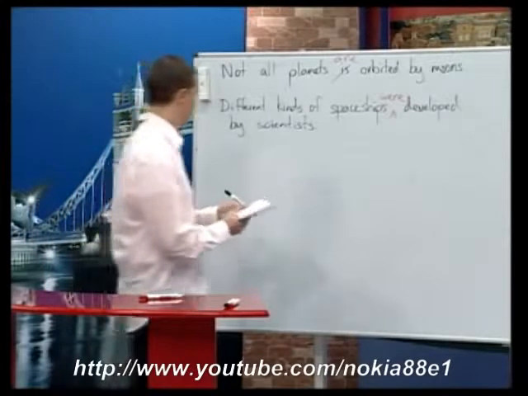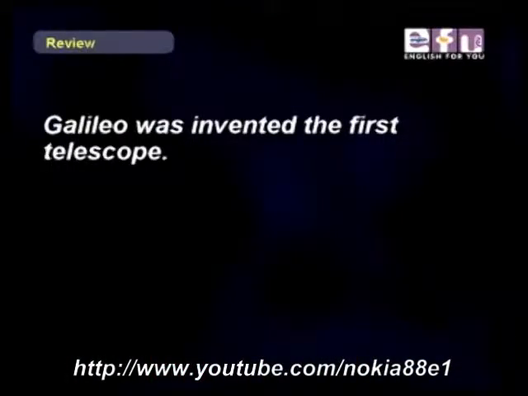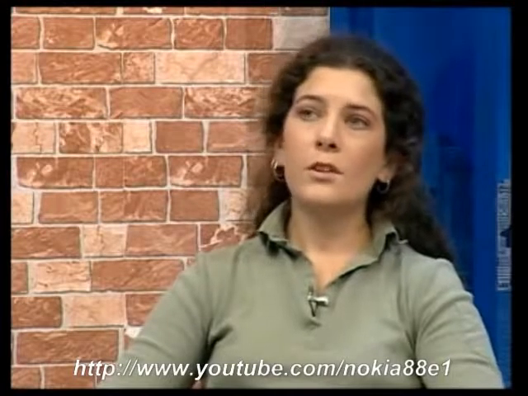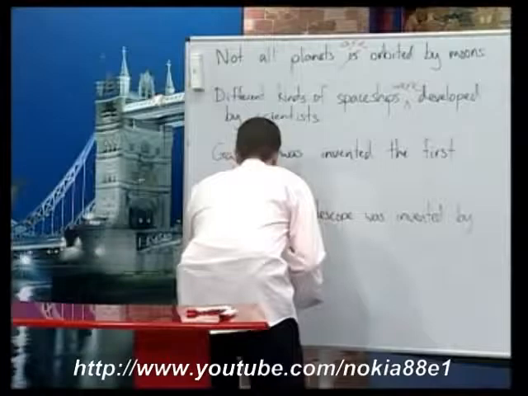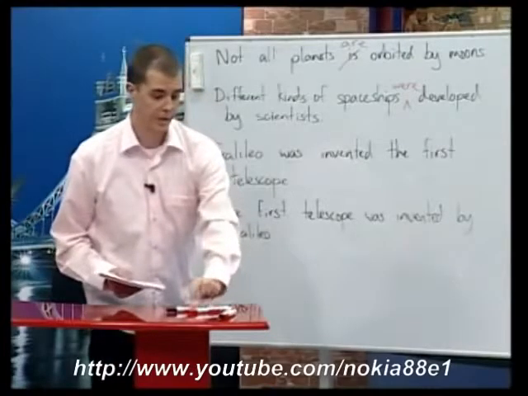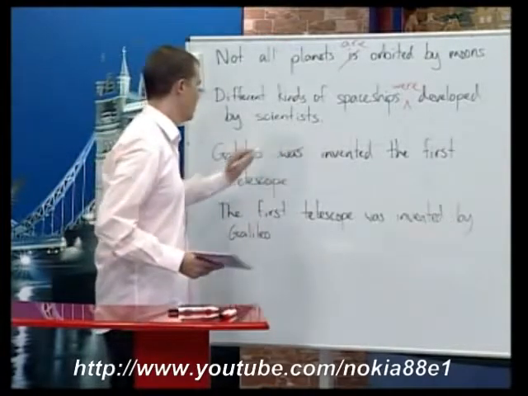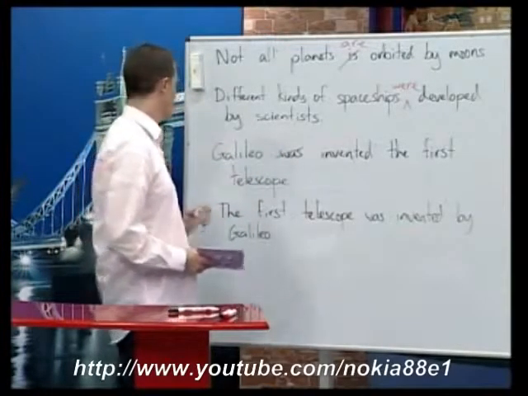Monica, last one. Galileo was invented the first telescope. The first telescope was invented by Galileo. Or we could say, active sentence, Galileo invented the first telescope.